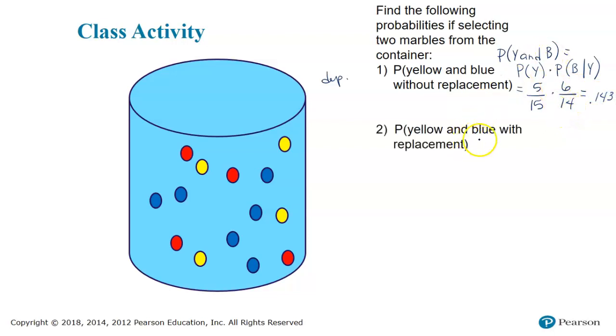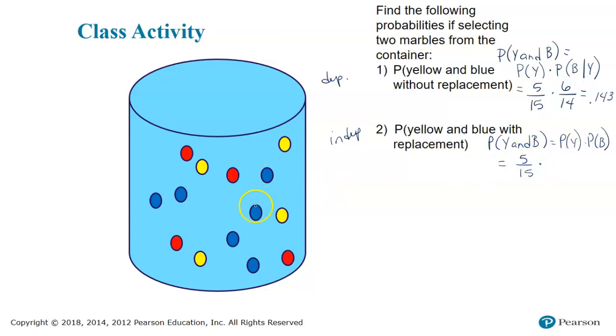Okay, if we look at this one, we want the probability of a yellow and a blue, except this time it's with replacement. With replacement indicates it's going to be independent. So if it's independent, I can just do the probability of a yellow times the probability of a blue. The probability of a yellow, we already said, was 5 out of 15.